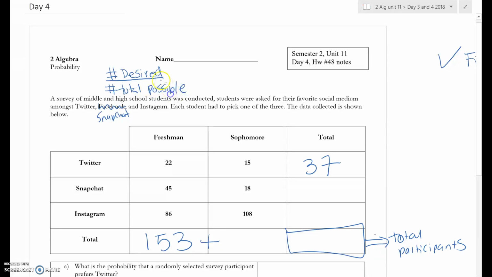Okay, so the number desired, the number we're interested in, divided by the total number possible. Now, the number desired should always be equal to or less than the total possible. So our probability will never exceed 1. It'll also never be less than 0. We'll talk more about probability 1 and probability 0 in class tomorrow.